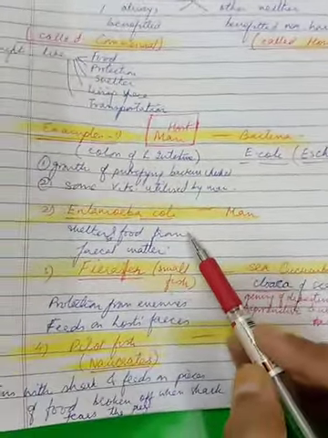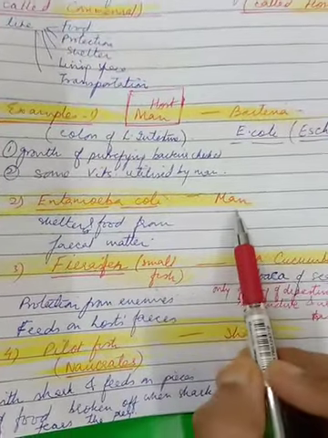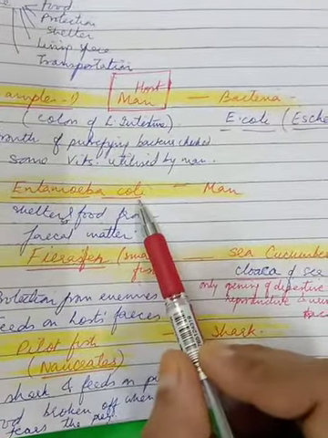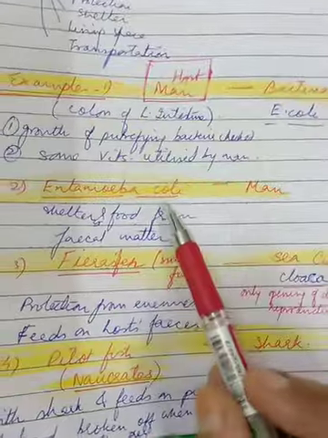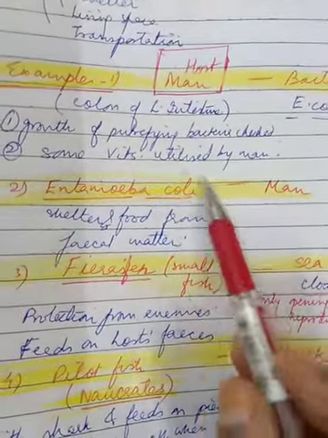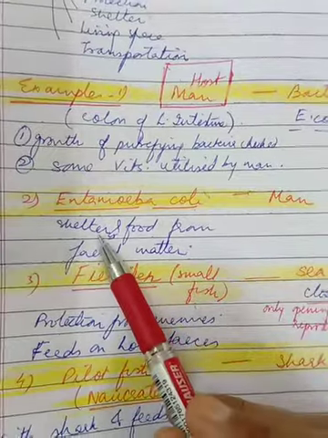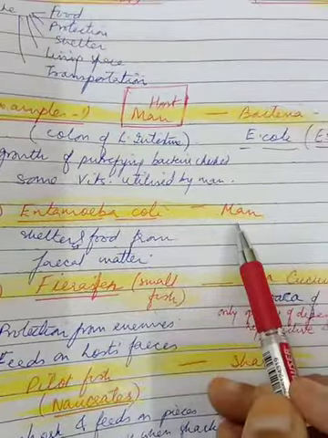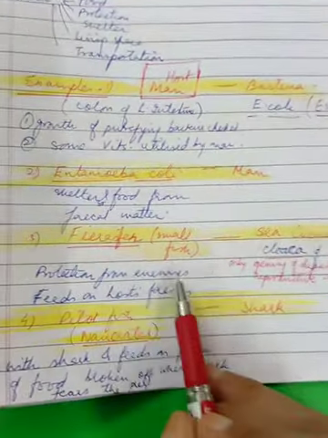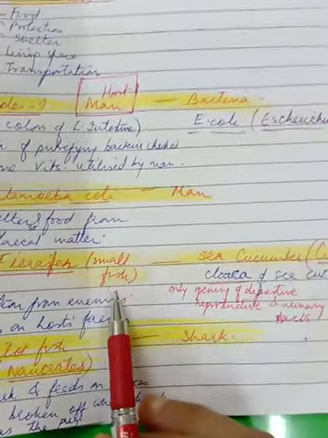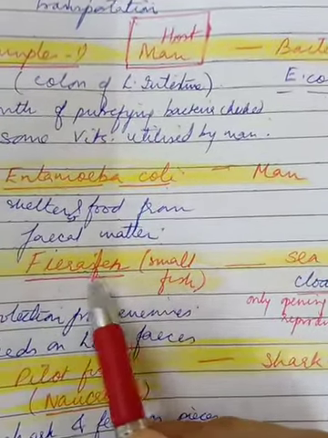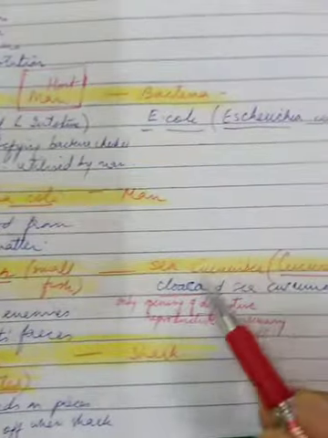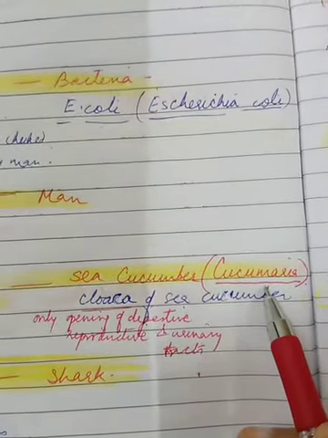The other relationship is seen between Entamoeba coli and man. The term coli, children, actually tells that this is living in the colon region of the large intestine. So once again, this is living in the large intestine of humans, and it gets shelter along with food from the fecal matter, that is a waste matter of the body. The third relationship is between a small fish called Fierasfer, F-I-E-R-A-S-F-E-R, and the sea cucumber called Cucumaria.